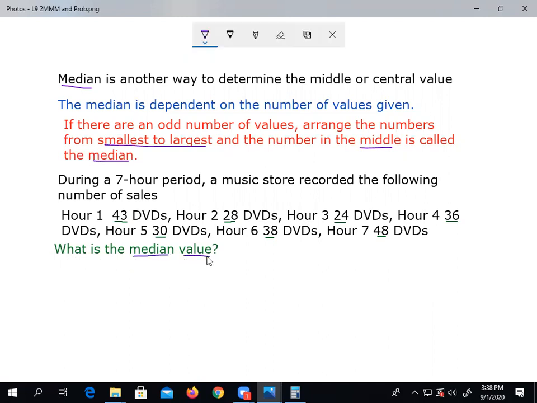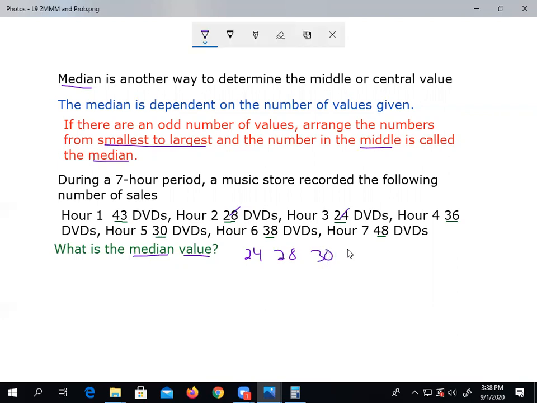So since we're determining the median, we have to follow the strategy that says we have to arrange numbers from smallest to largest first. So if I'm looking at the numbers, I see a 24 is the smallest, and then a 28, and then a 30.